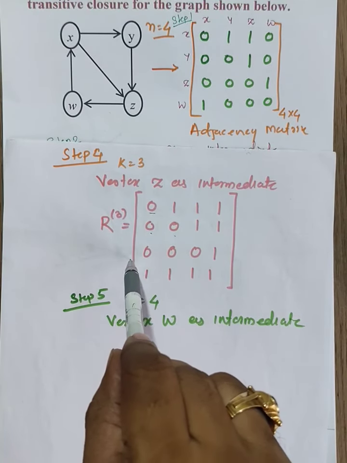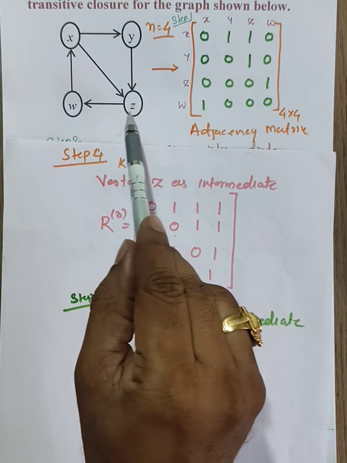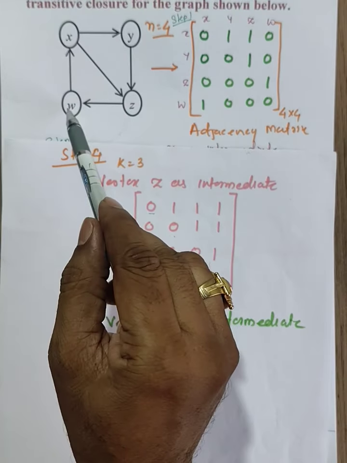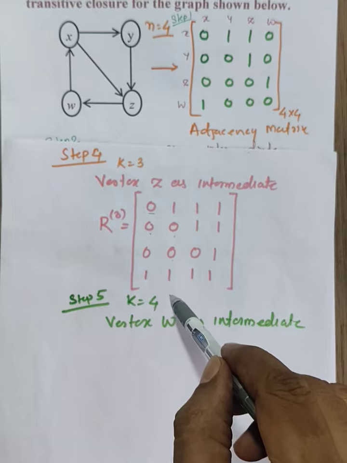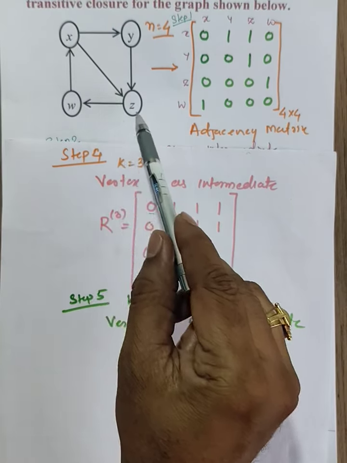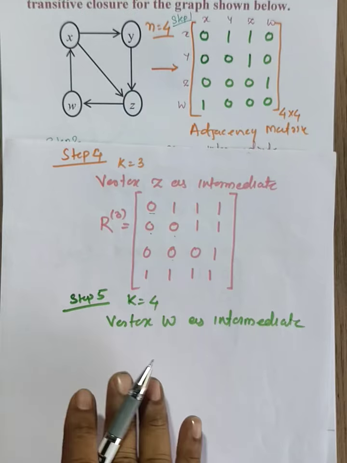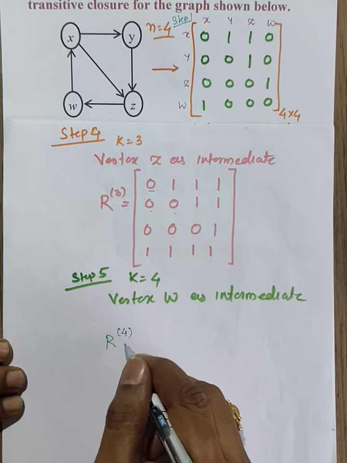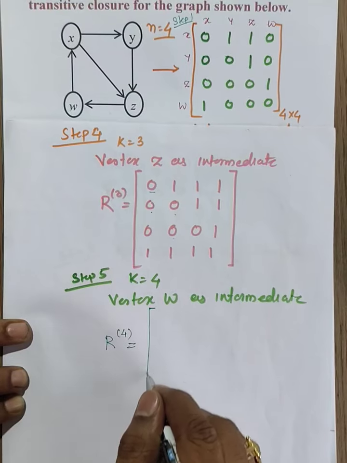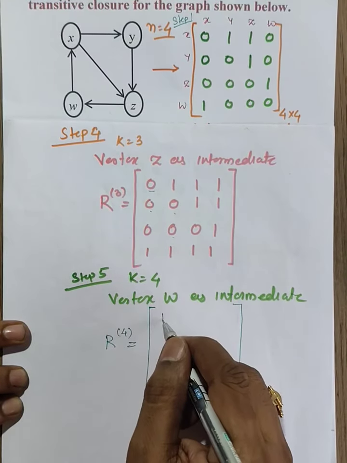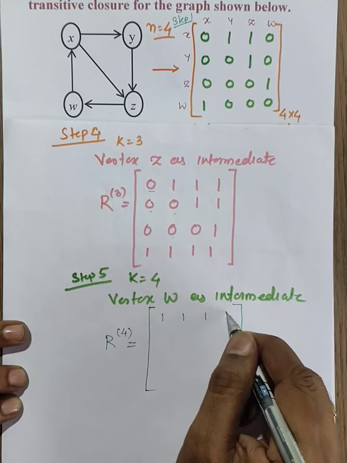Next this z, z to x, z to w, w to x you can take. Then z to y, z to w, w to y you can take. Then z to z, z to z you can take. But here this last R to the power 4, this matrix will get all rows 1 1 1 1.